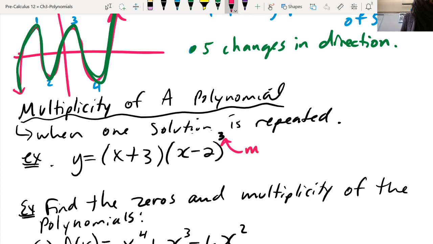This means we have a multiplicity of 3. And that means something on a graph, but let's just draw your attention to that part for now. So that means at x equals 2, because it's always the opposite of what we see here, the solution is repeated or there's a multiplicity of 3 at that point on your graph at x equals 2.